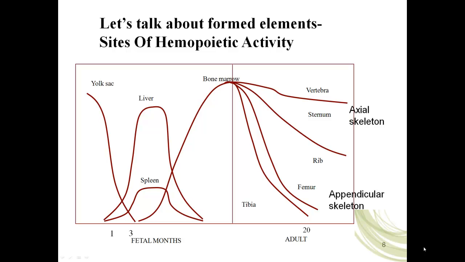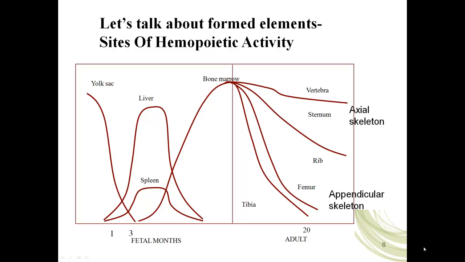Now it says that this transitions to the bone marrow in the adult, but it's really shortly before birth, not actual adult status. And then you're seeing that around age 20, most of our hematopoiesis is occurring in our vertebrae and sternum, our axial skeleton, and we've lost virtually all of our red marrow in our long bones.